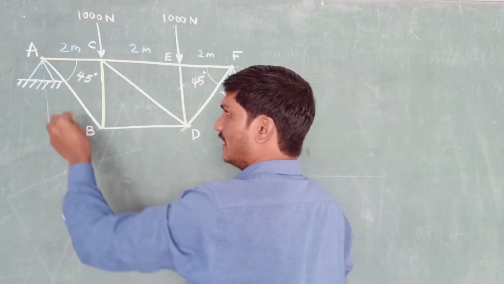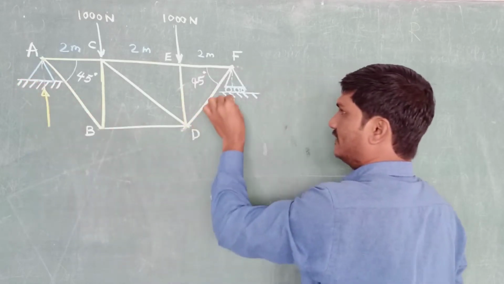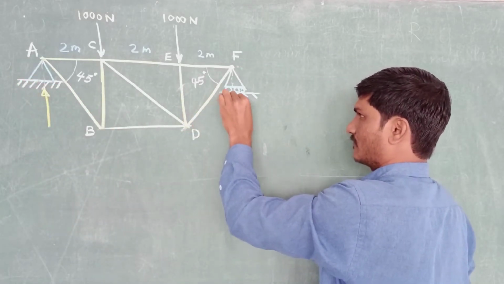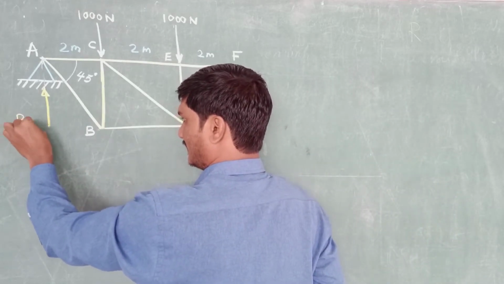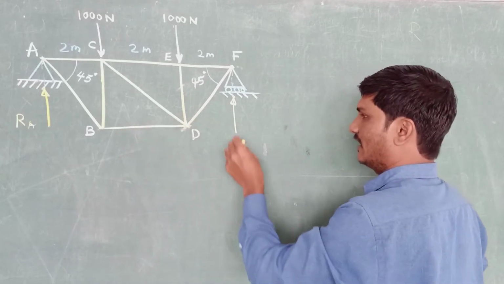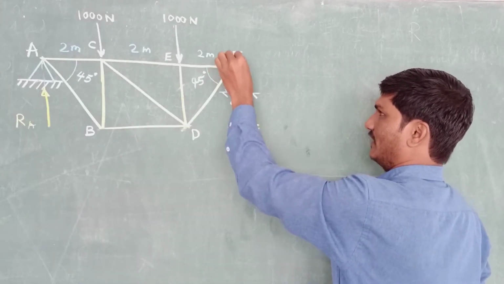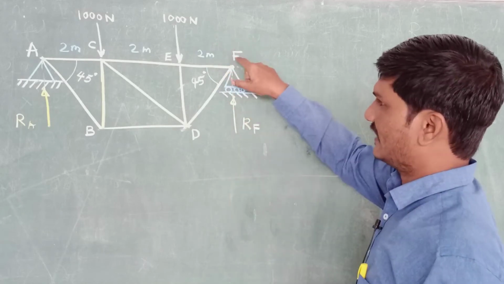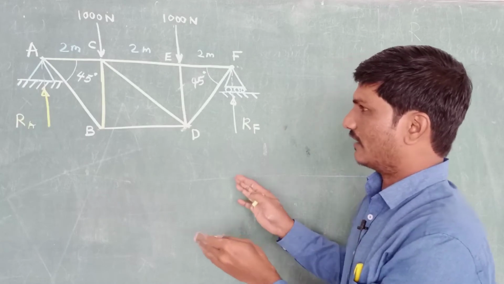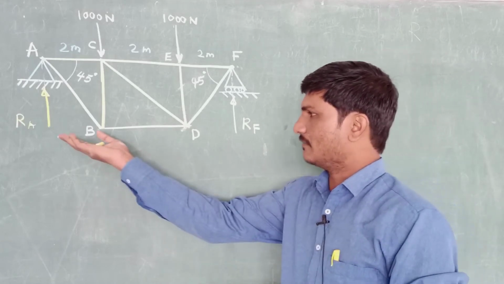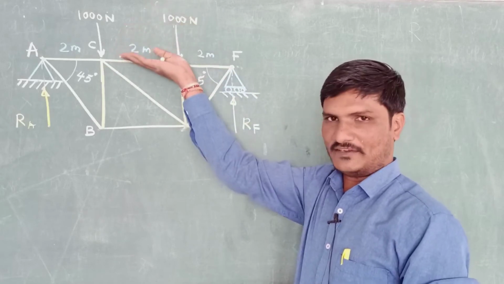Here there will be a reaction force at the supports. Let us say RA is the reaction force at one end and RF is the reaction force at the other end. According to engineering mechanics, the sum of the reaction forces is equal to the sum of the applied forces.